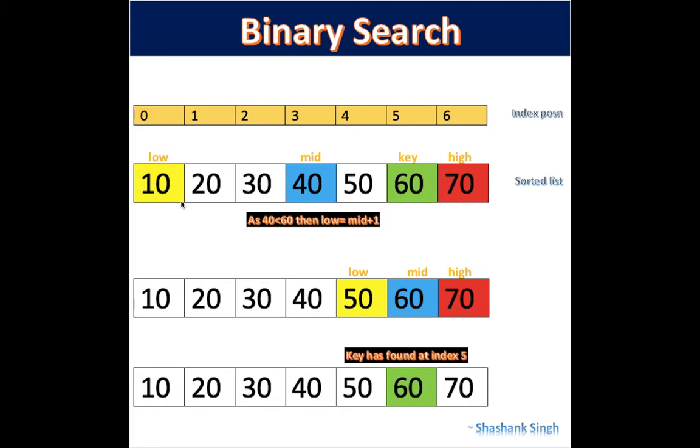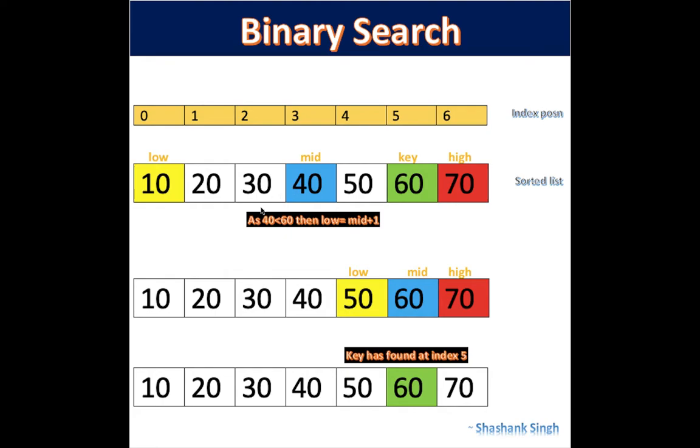So in this case, obviously key is less than mid, so we will update high as mid minus 1. So it's very simple, right? When the key is greater than mid, we update low as mid plus 1, and when key is less than mid, we update high as mid minus 1, right?